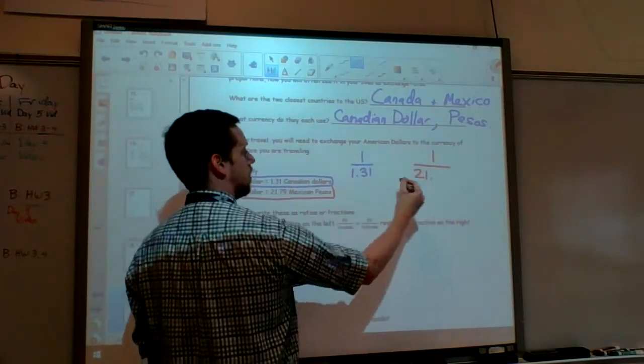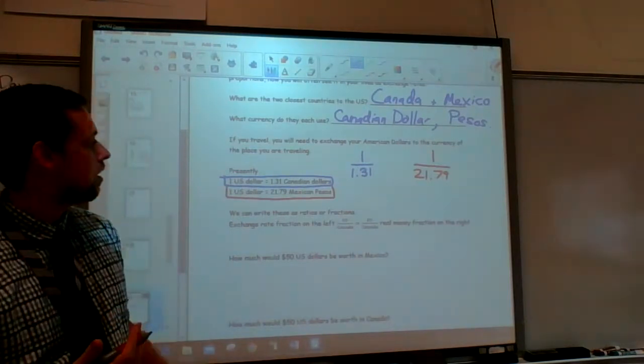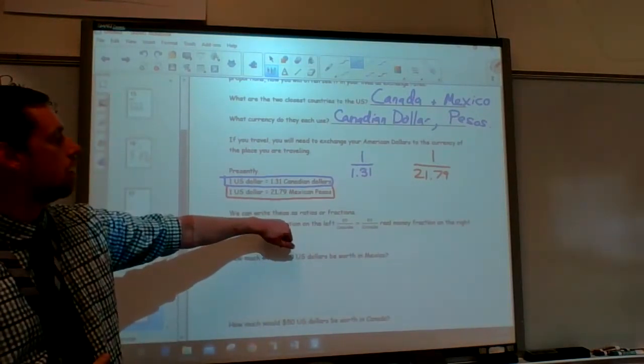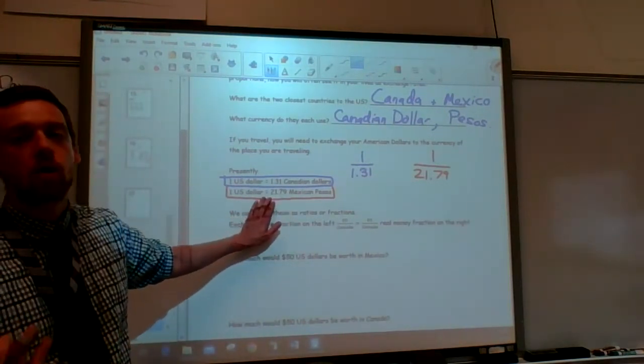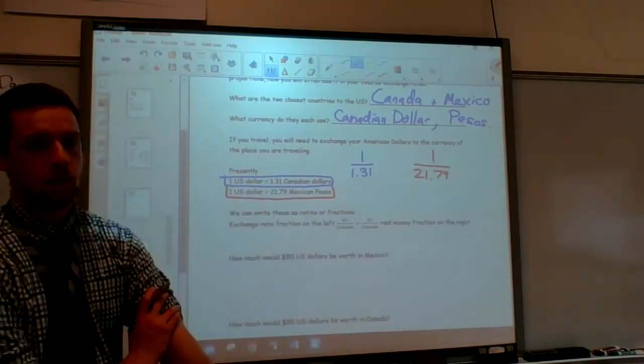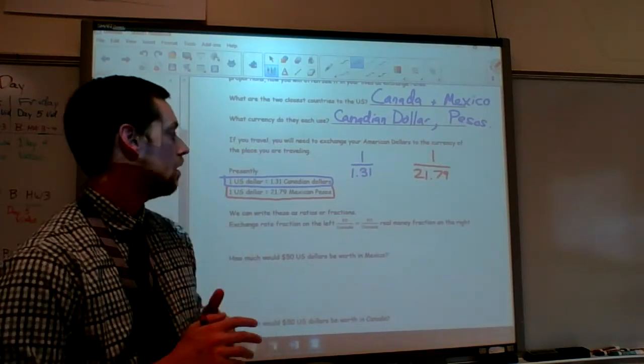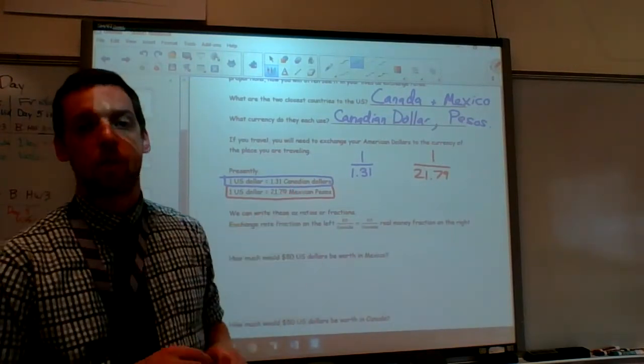Why is there such a big difference? Because right now, the US economy is still stronger than the Mexican economy. So one US dollar is worth more, so it can turn into more pesos. If your economy is stronger than another country's, your currency tends to be worth a little bit more than theirs.